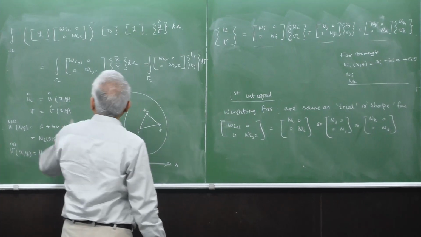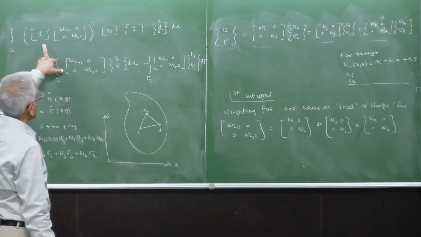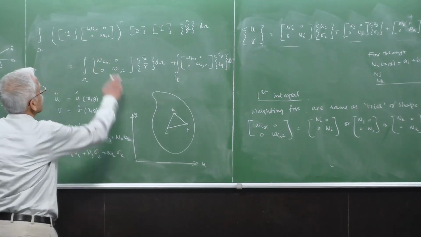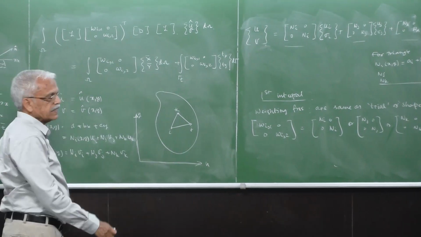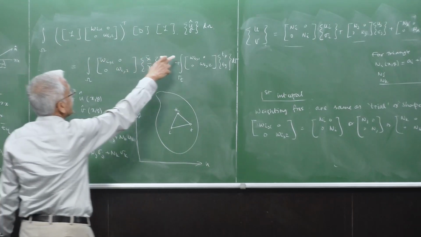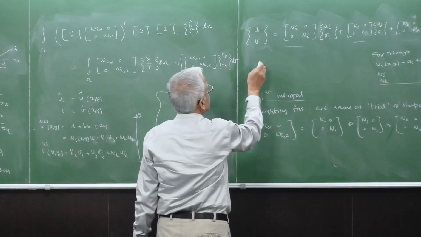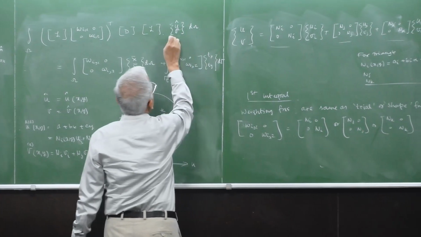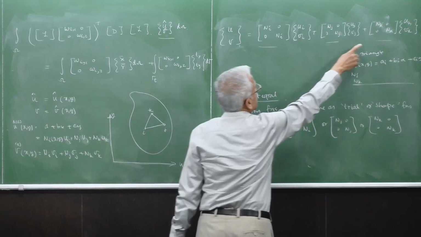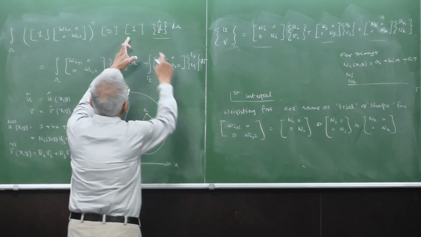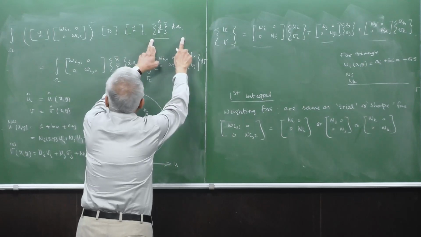So that means that in this equation, for the weighting functions, we use Ni in this place. Then this u and v as shown here will be this whole thing, right? And that means this will have 3 components.